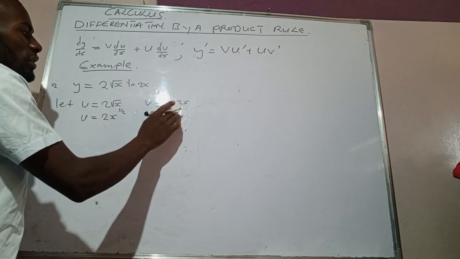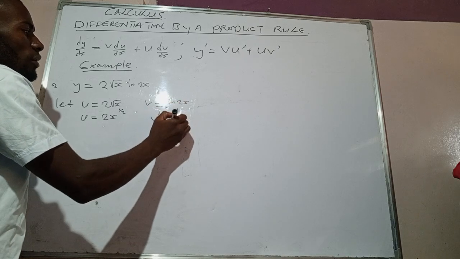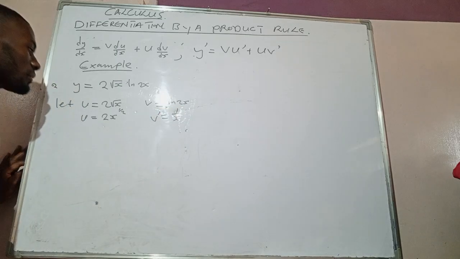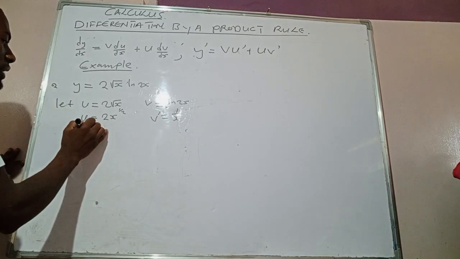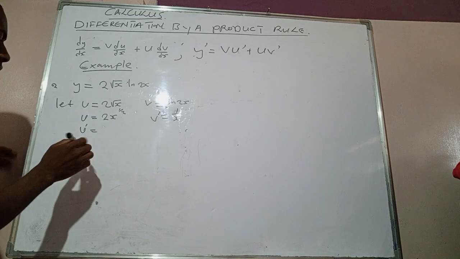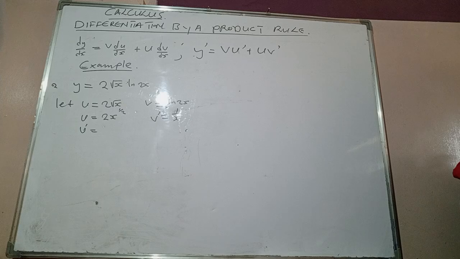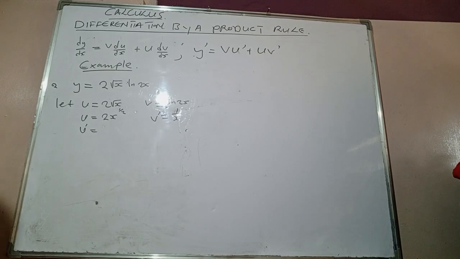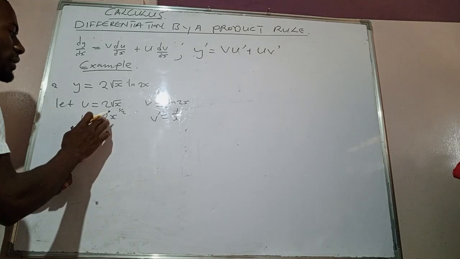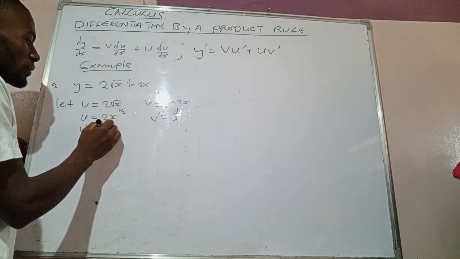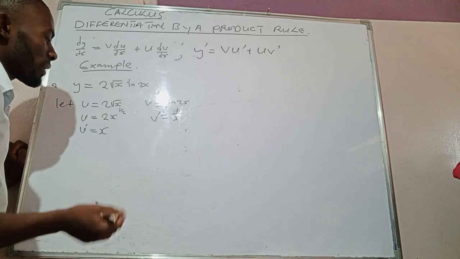prime, this one we can differentiate, it is 1 over x. Okay, so what is going to be our u prime? When you multiply 2 times half, you are going to have 1, which is just going to remain with x.